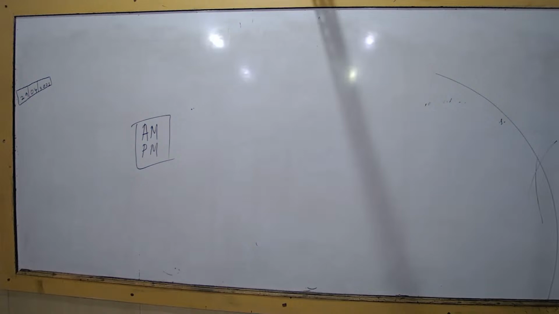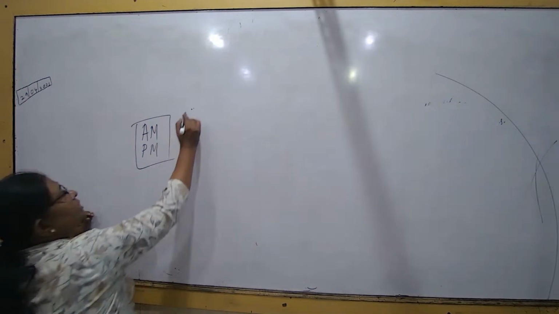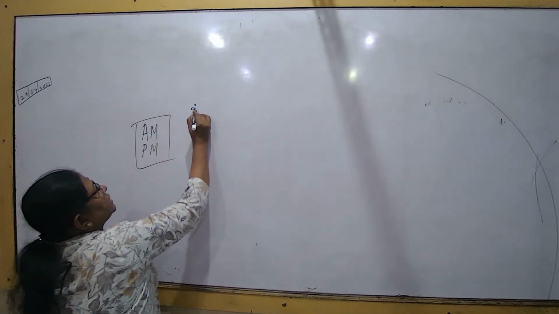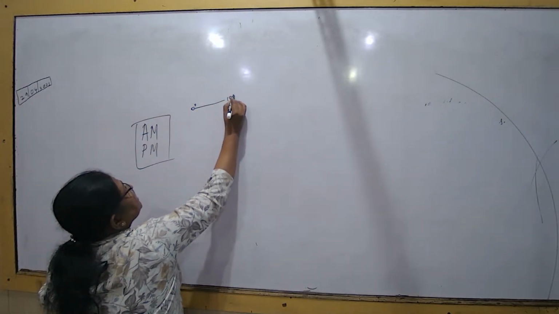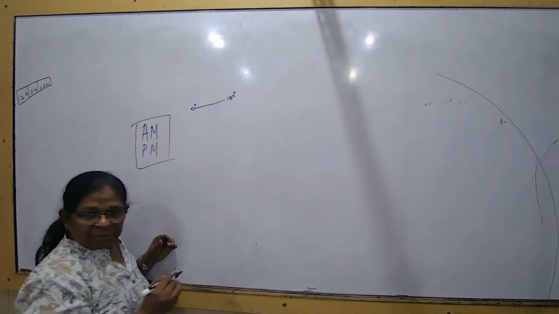Proceeding at 1 degree interval from both east and west, other full circles will be 1 degree to 179 degree, 2 degree to 178. Are you getting this point? See, 0 degree to 180 degree is the full circle.